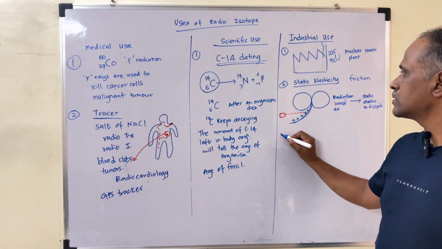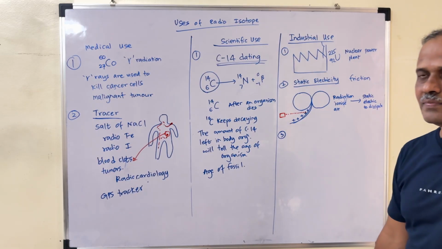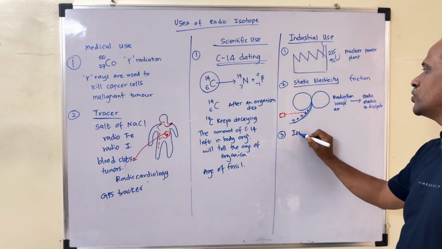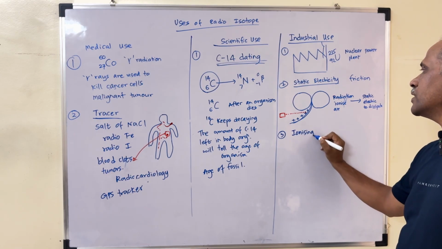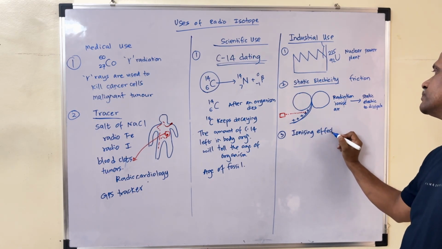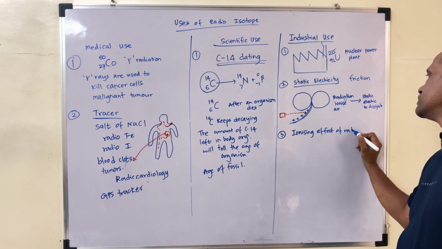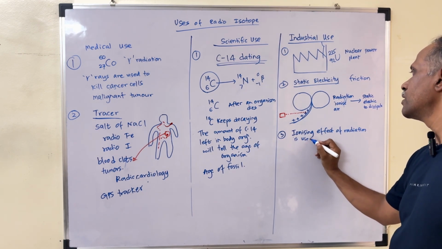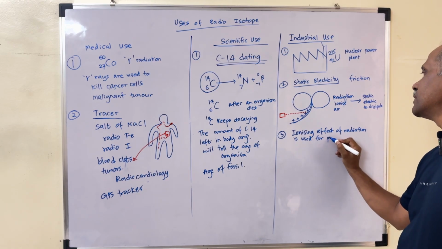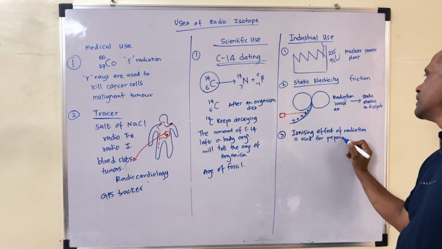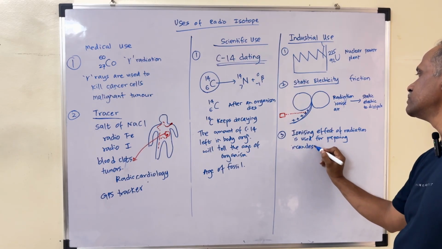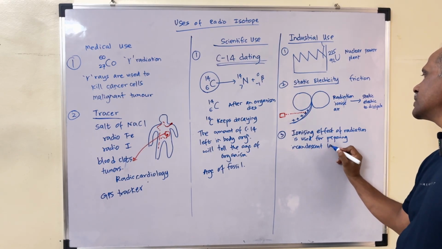Okay. Now the third thing is that the ionizing effect of radiation is also used for preparing incandescent lamps.